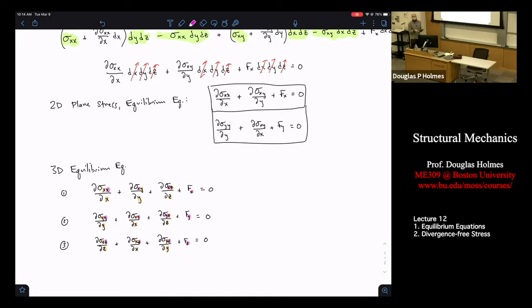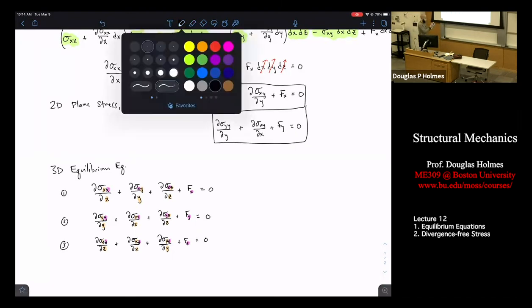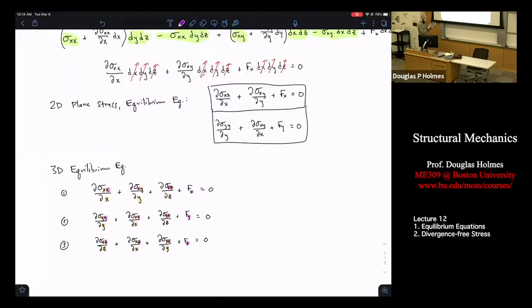Does this look familiar? Does this form of an equation look familiar to you? In particular, what I mean by that are these terms. Think about what you might recall from multivariate calculus.